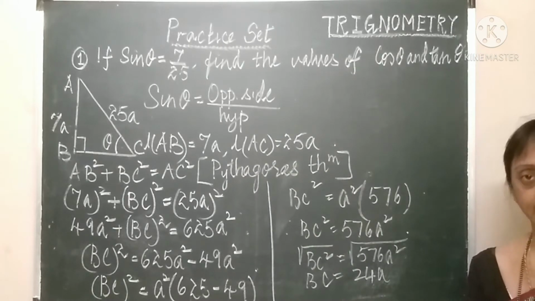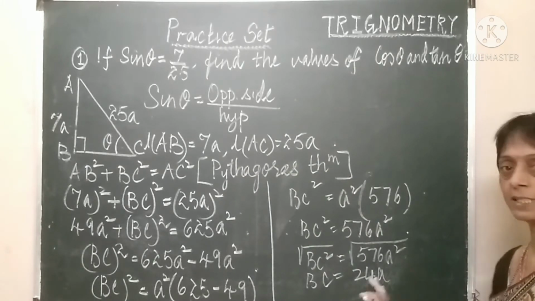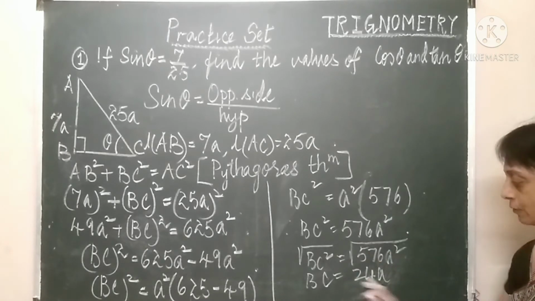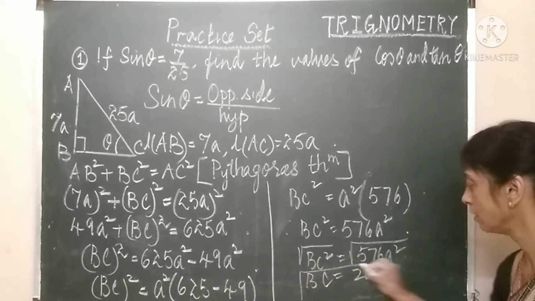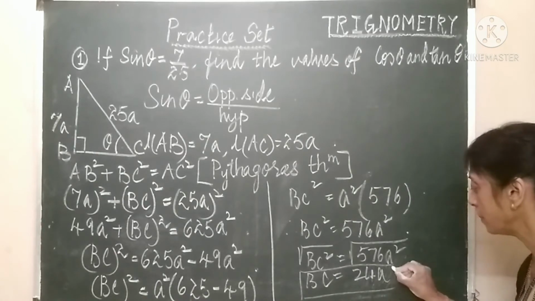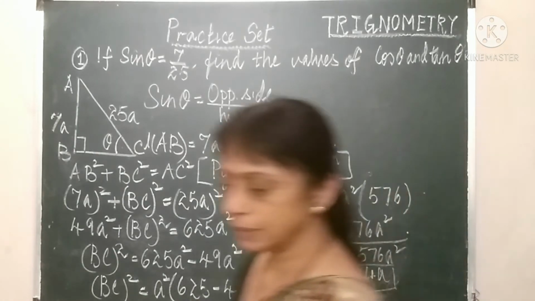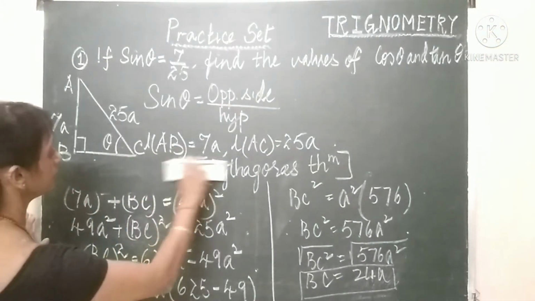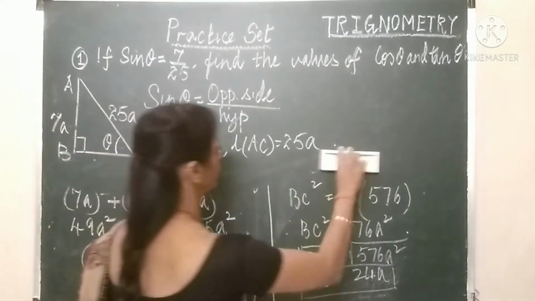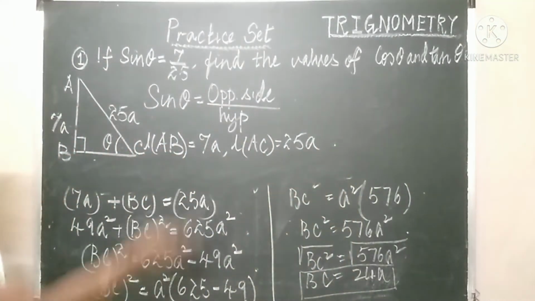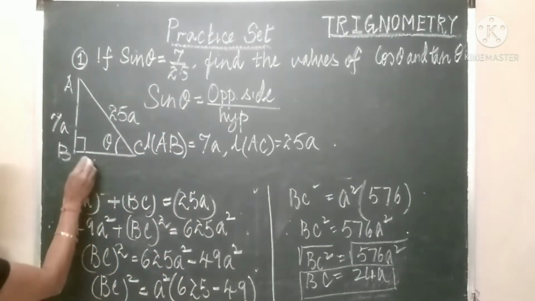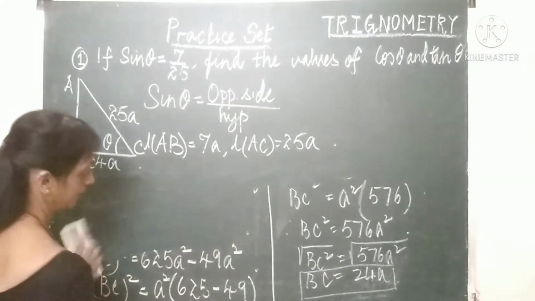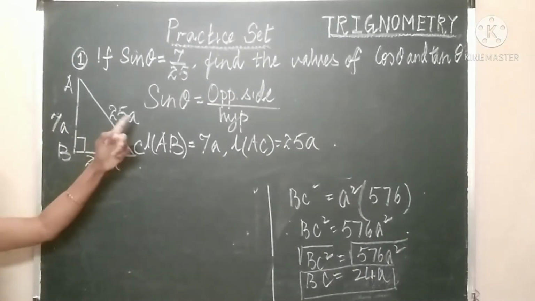Measurement and length of any side can never be negative. So we are only using the positive value and discarding the negative one. So finally children, we got the value of BC, that is 24a. So let's write it down and see what are the values of the unknown. BC is equal to 24a. Now we know the lengths of all the three sides.